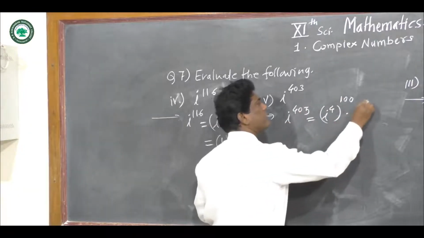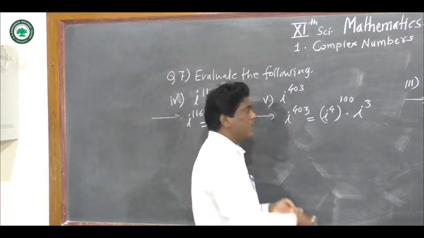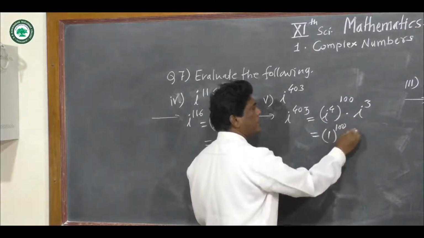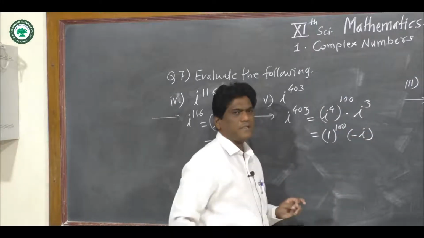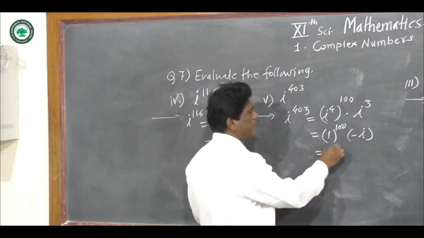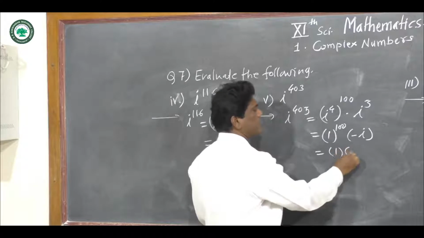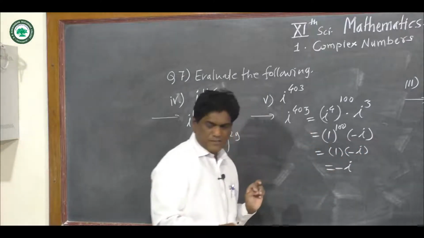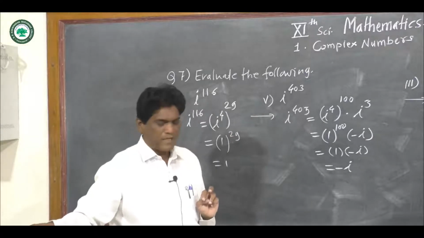So write here i to the power 3 separately. And now here i to the power 4 is 1, 1 to the power 100, and i to the power 3 we know is minus i. And so here 1 to the power 100 is 1 into this minus i, 1 into minus i is equal to minus i. So the value is minus i.